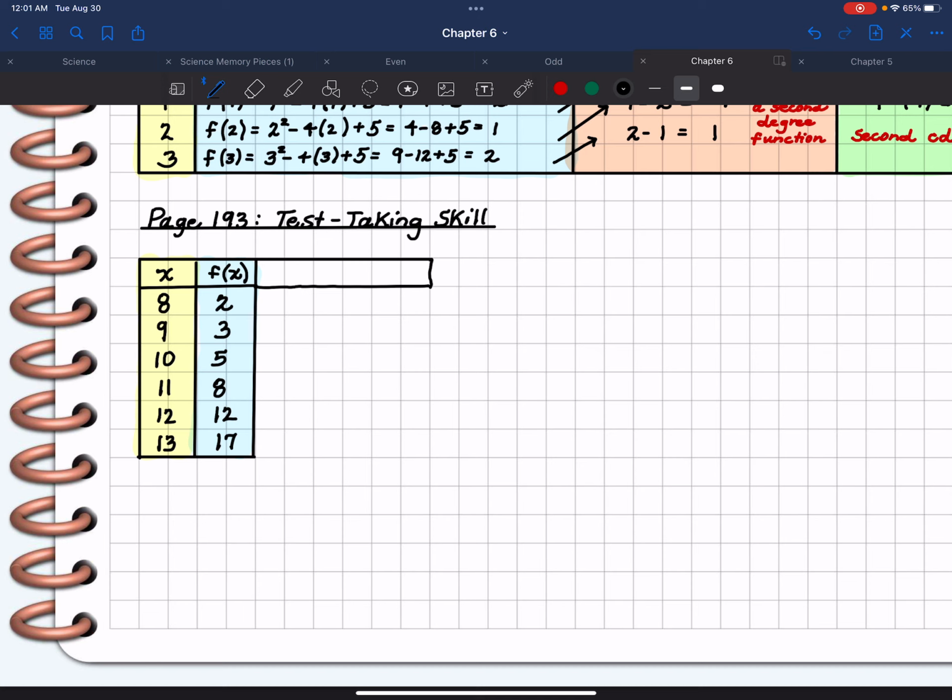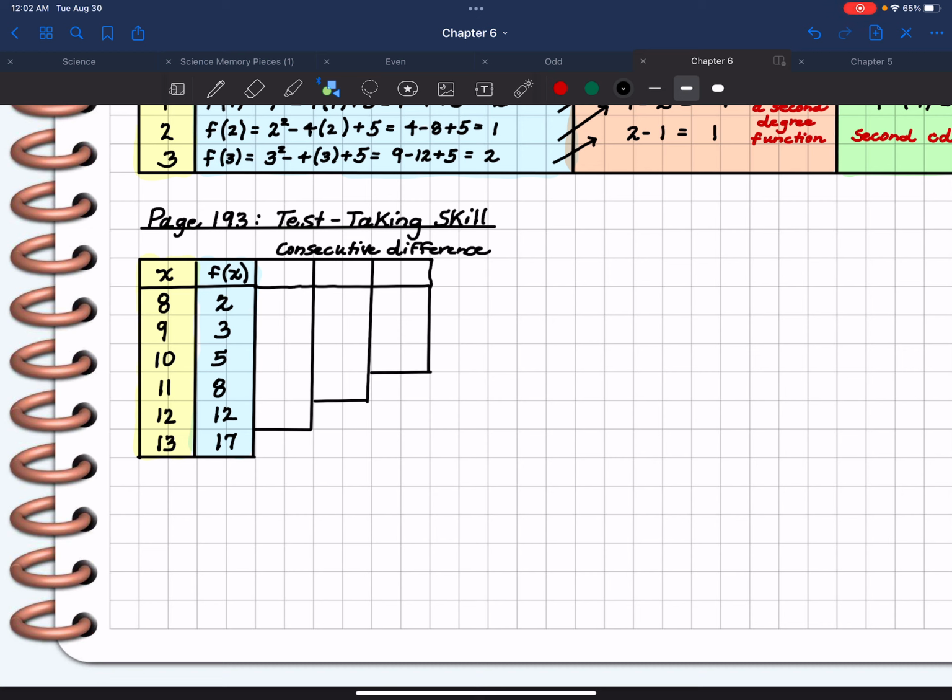And I'm going to put this up here. This is the consecutive differences column. And we actually have 3 on this one.